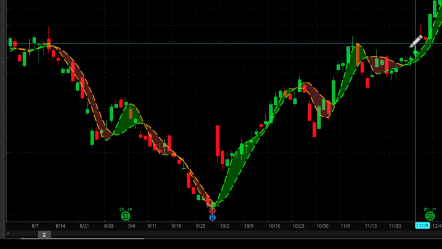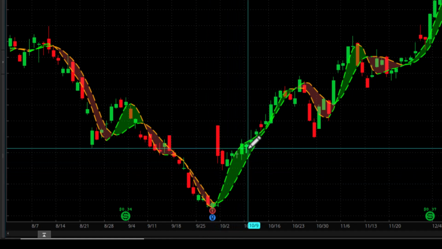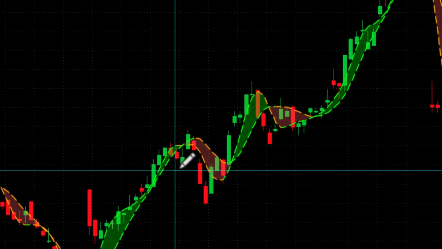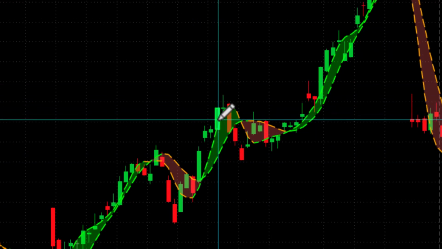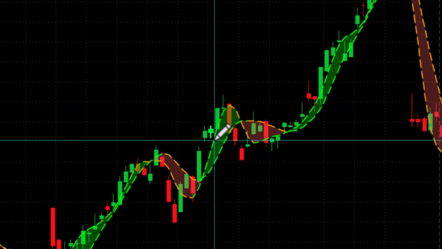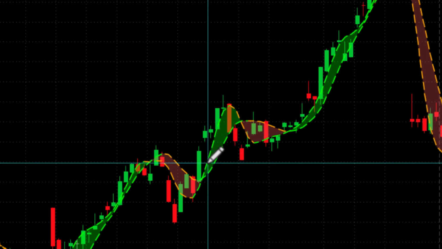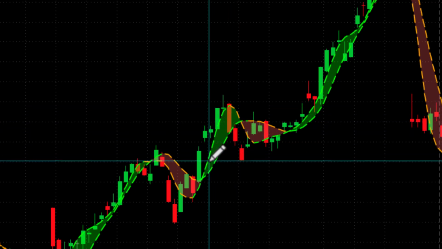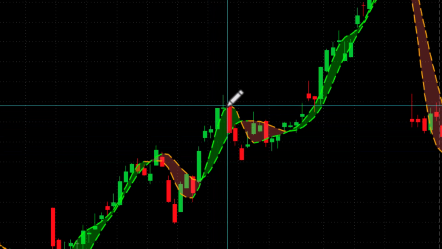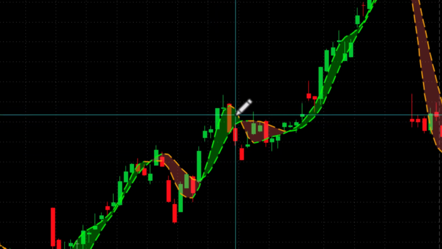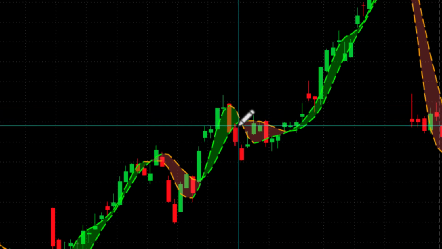The other thing that's significant about the ribbons is the fact that let's home in on this area right here where the Hull 10 is going up and then it decides to go down. And so when it's bullish, the moving average line is green, and when it turns bearish, the moving average line turns kind of a golden color, so it goes down.